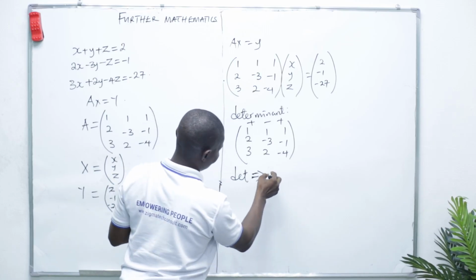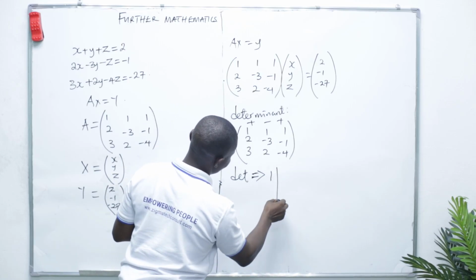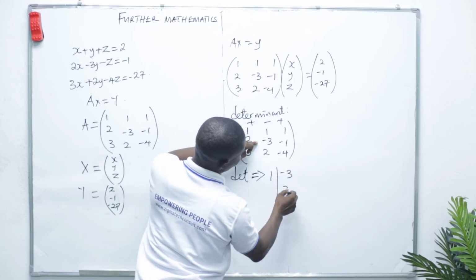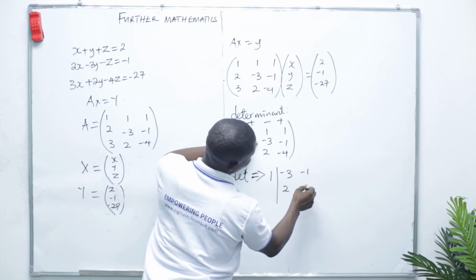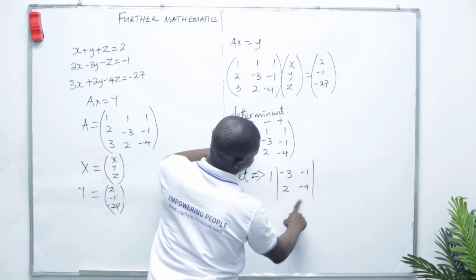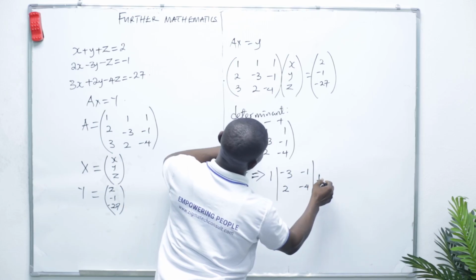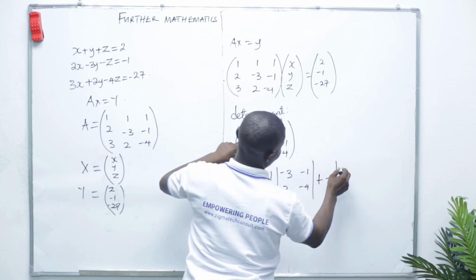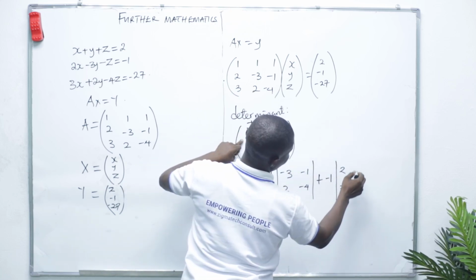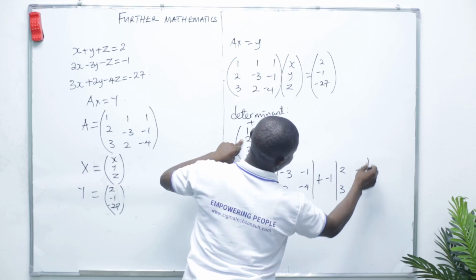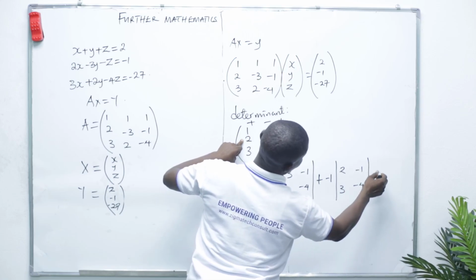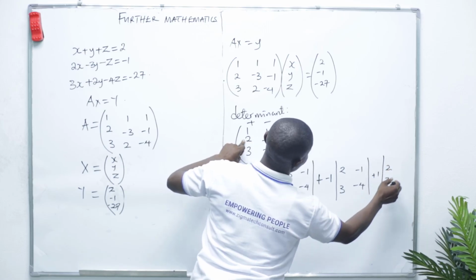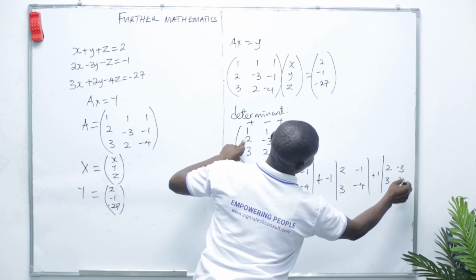I will have 1 into the determinant of minus 3, minus 1, 2, minus 4, plus minus 1 into 2, minus 1, 3, minus 4, plus 1 into 2, minus 3, 3, 2.